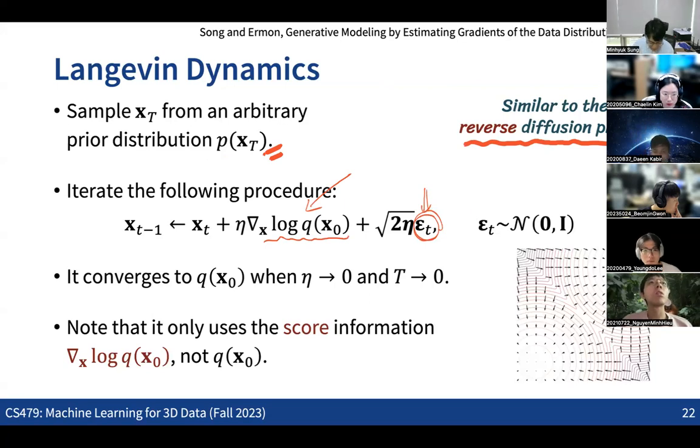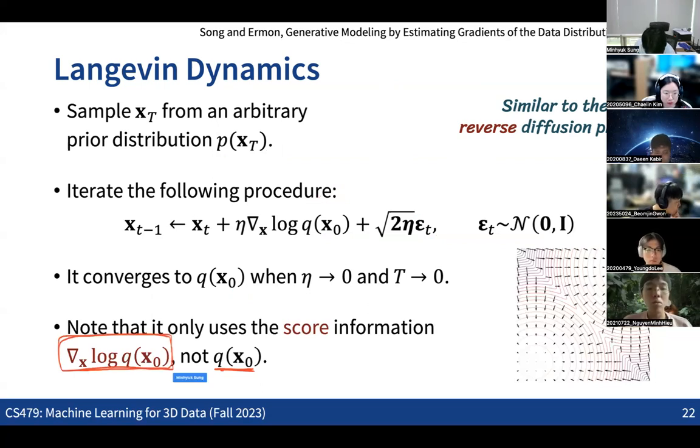If you iterate this multiple times, it converges to the data distribution that we want to learn. But here, the only information we need is the score information. If we can access only this score, then through this iterative process we can do data sampling. That's the basic idea of score-based models, and you can see it is closely related to the reverse process that we have seen.